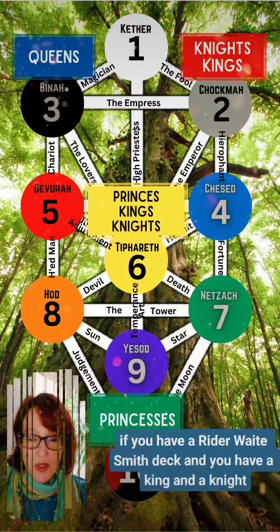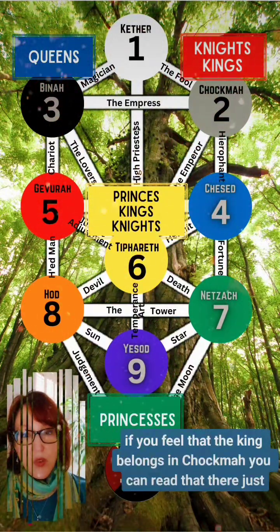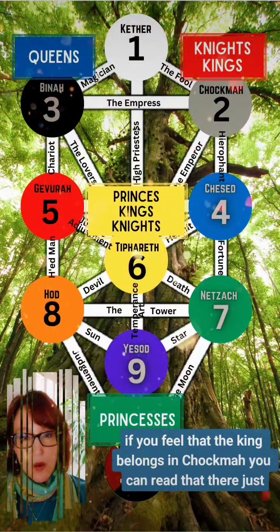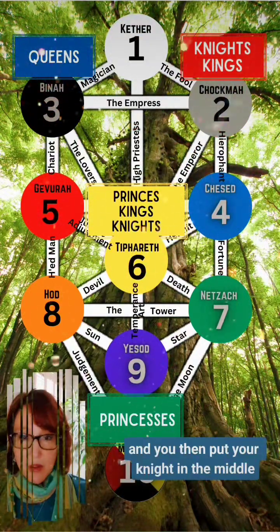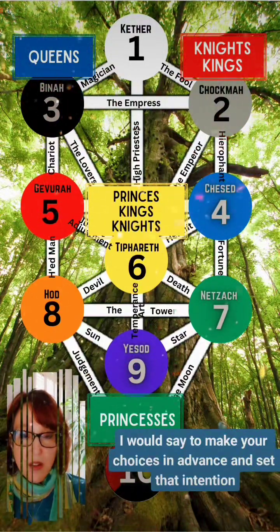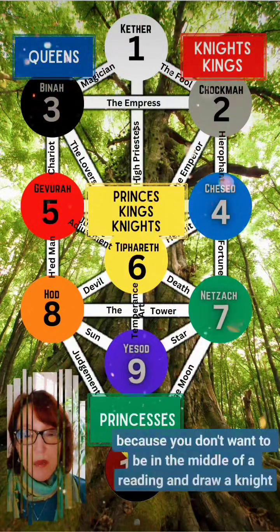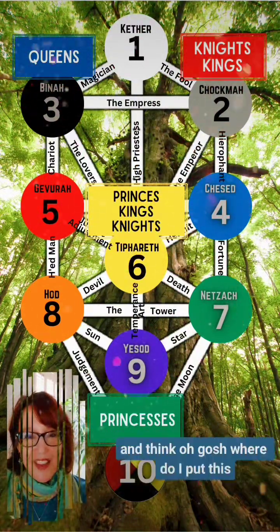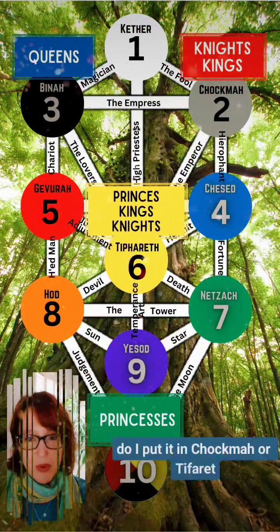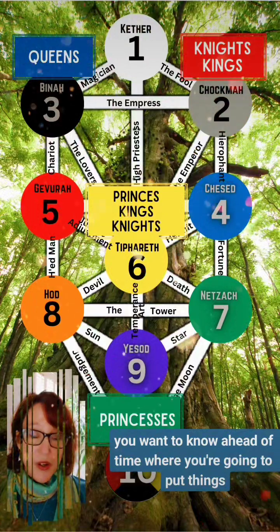If you have a Rider-Waite-Smith deck and you have a king and a knight, if you feel that the king belongs in Chokmah, you can read that there, and you then put your knight in the middle. I would say to make your choices in advance and set that intention, because you don't want to be in the middle of a reading and draw a knight and think, oh gosh, where do I put this? Do I put it in Chokmah or Tiferet? You want to know ahead of time where you're going to put things.